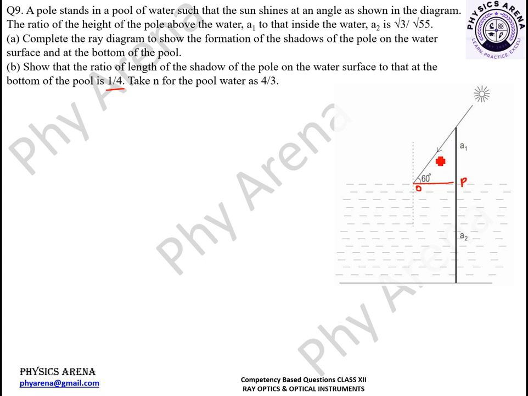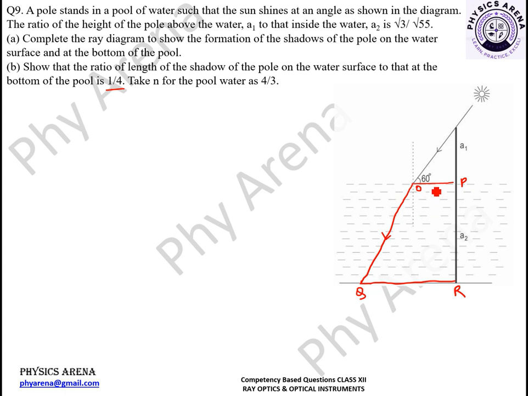And since this ray is going inside the water, it will be moving from rarer medium to denser medium, so it will bend towards the normal and trace its path like this. So this is the refracted ray, and this complete length, denoted by QR, is the shadow length at the bottom of the pool.